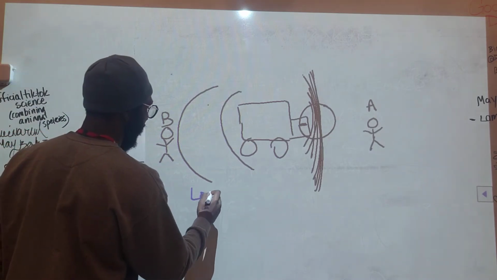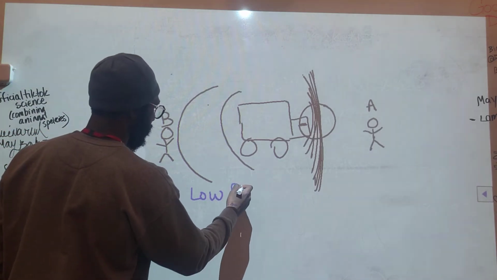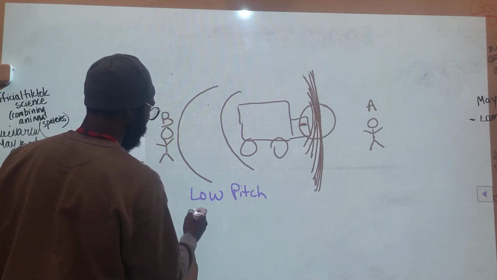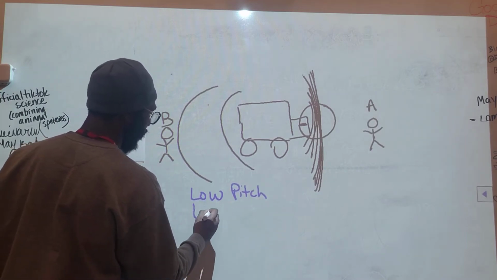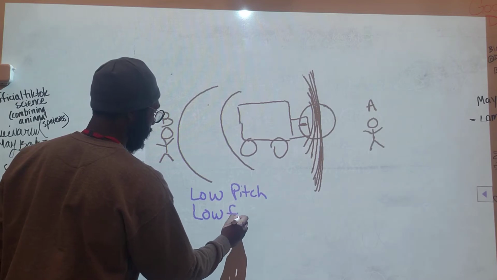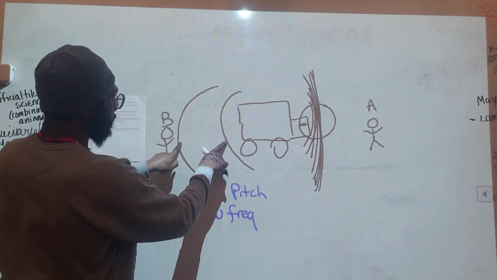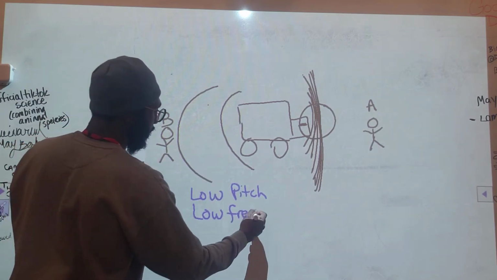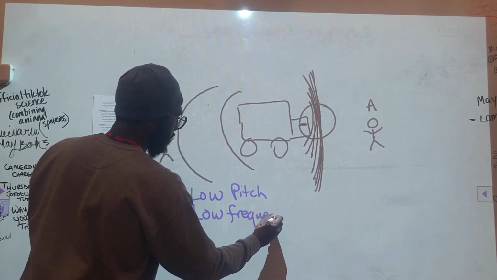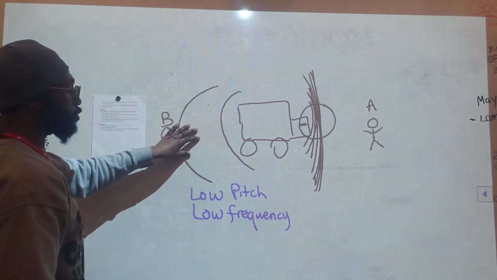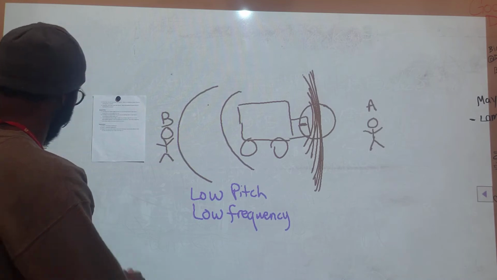Okay, so we've got a low pitch here. So that's a low frequency. Okay, because we have fewer waves per second, right? Looks like in this image we have 2 waves per second, so very low frequency.